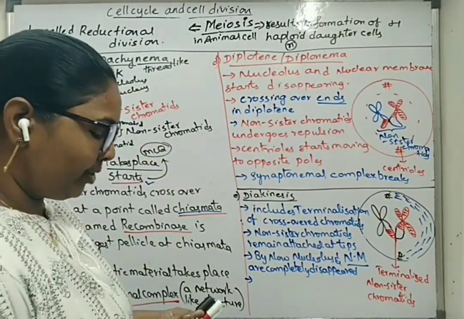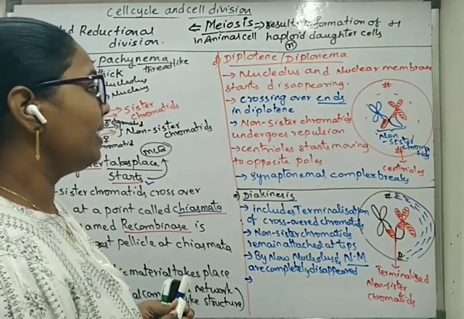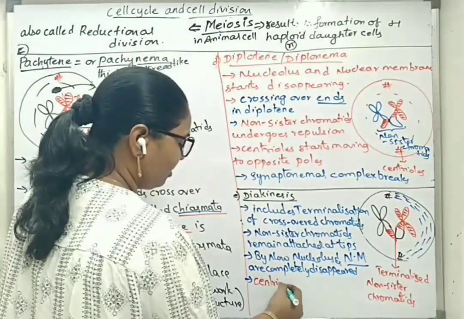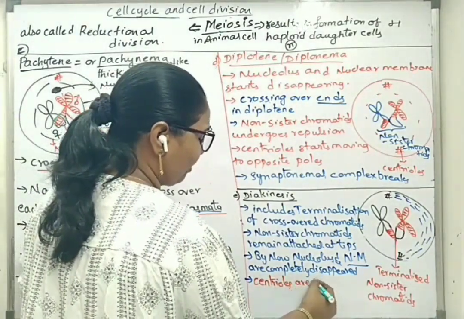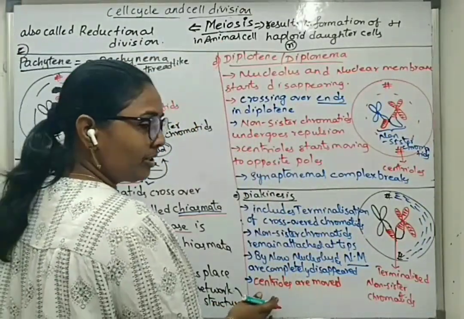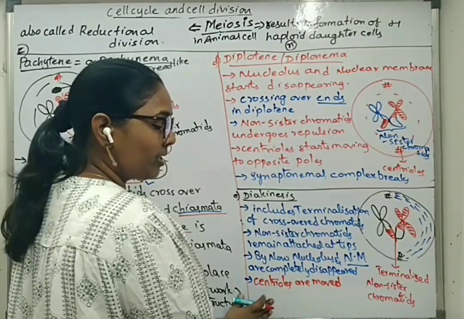Next, centrioles are moved to opposite poles and both centrioles are attached by spindle fibers. Since it is an animal cell, we are talking about centrioles. If not, we don't talk about centrioles while discussing meiosis in plant cells.